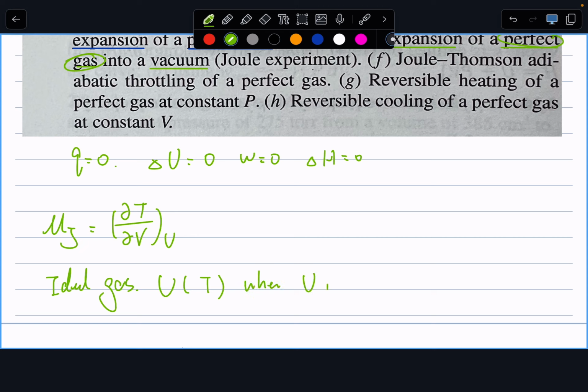So when my U is constant, my T is also constant. So if we're doing the Joule experiment of an ideal gas, the Joule coefficient is effectively 0 for ideal gas.